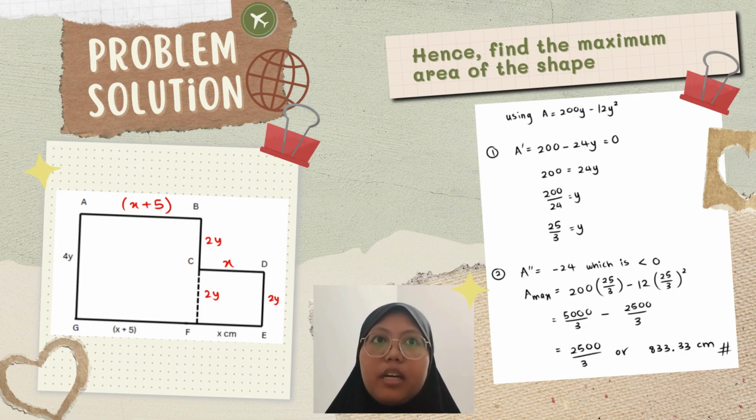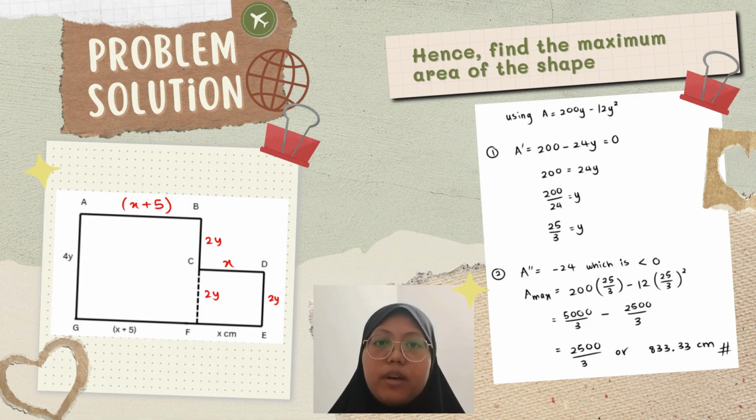We then set it equal to 0, which gives us y equals 25 over 3. For the second step, we differentiate the equation a second time, which gives us A double prime equals minus 24, which is less than 0, meaning it is the maximum value.